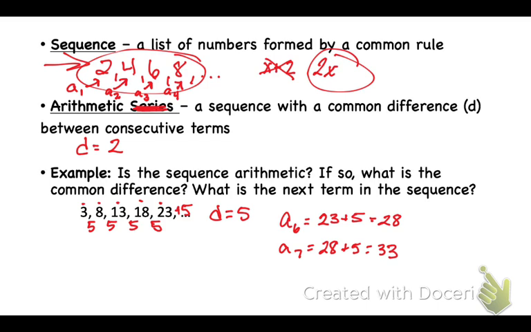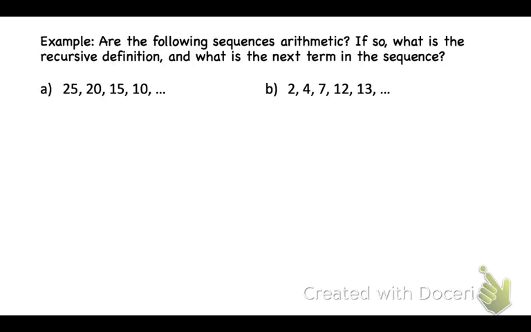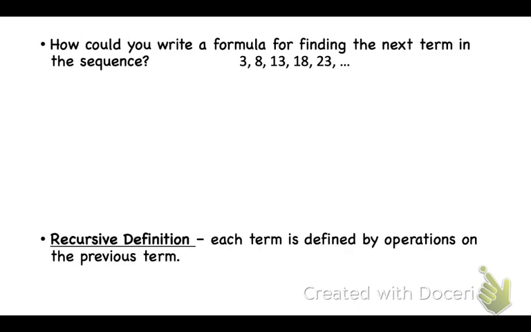Okay, so next thing we're going to do is how could we write this formula for the next term? So this is the term we just had, right? We found already the difference was what? 5. Okay, so we know d is 5, yes?